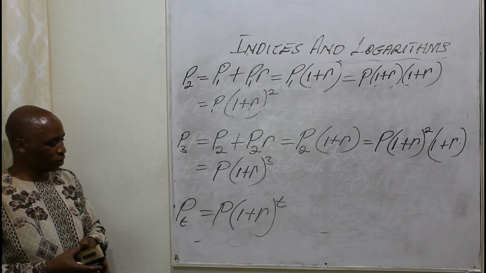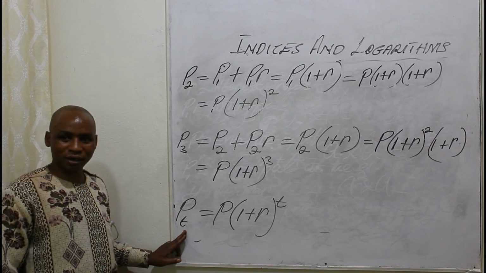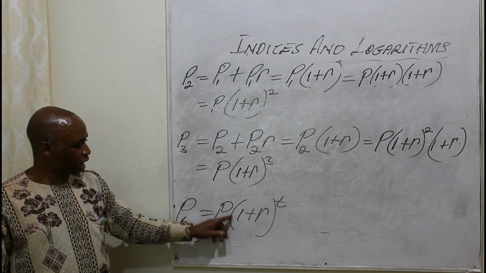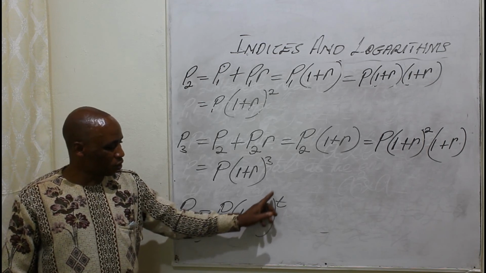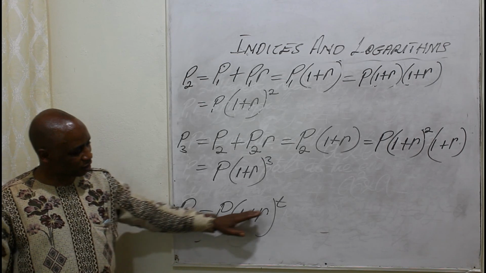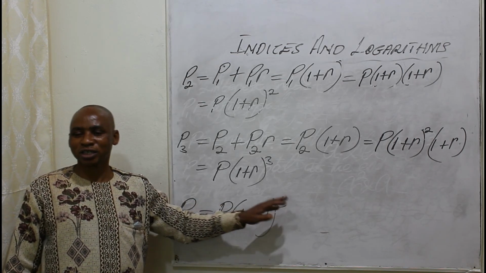So if you are to invest for 10 years, then it will be P10, it being equal to P times 1 plus R, all raised to the power 10. And you see that since they are all in index form, it's an application of what? Indices.